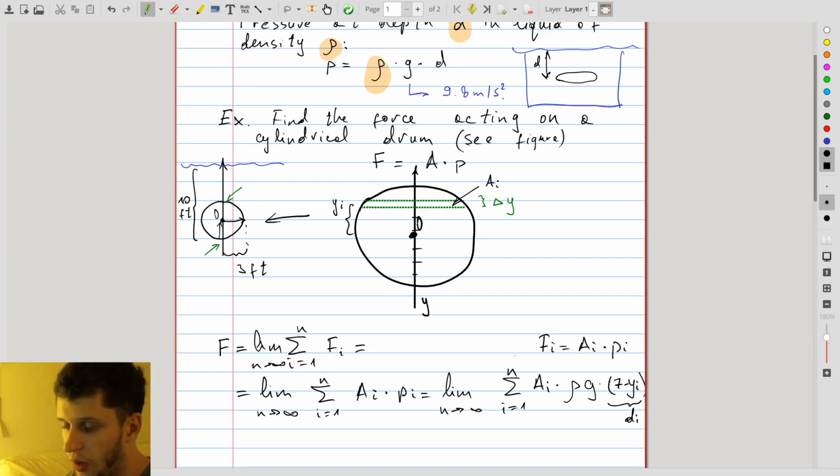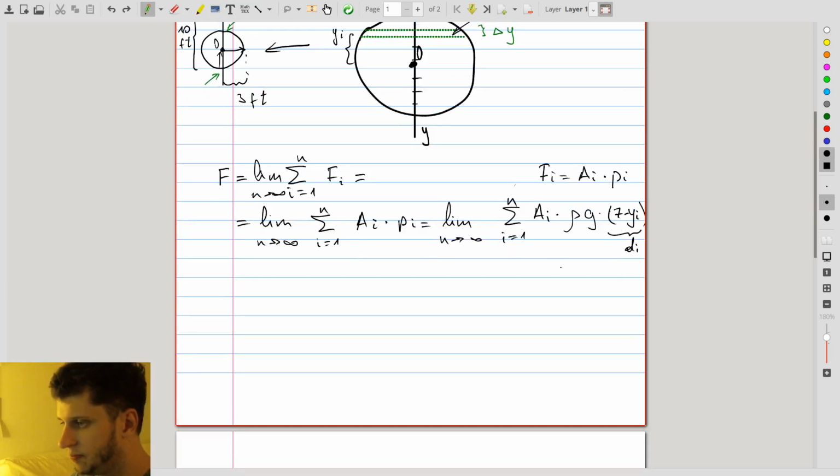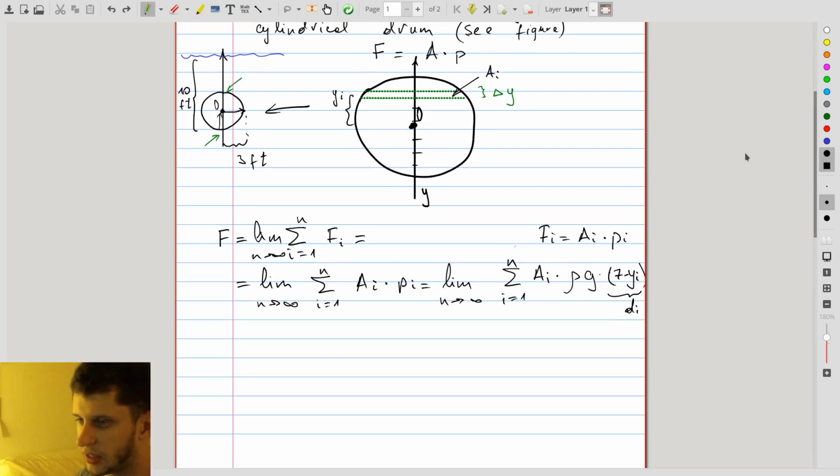Now if y increases, right, so I go up a little bit, so what happens then? Well, depth becomes smaller. So when y is positive, di is smaller than 7. So this is what the minus sign here accounts for. Again, similarly for y negative, I have 7 minus a negative number, which gives me something that's larger than 7, and so that fits well with what I have in the picture here.